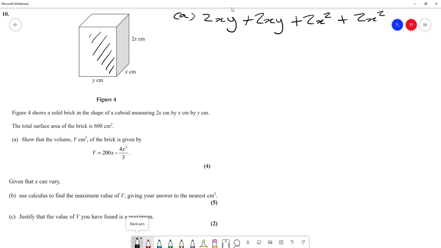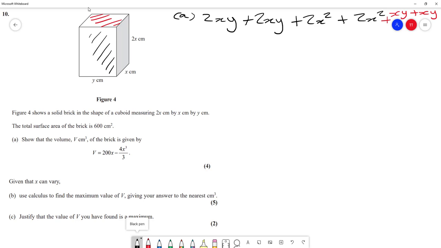And then the top, sometimes you've got to be careful. Sometimes they say that a container has no lid, but in our case it does. So the block has a top. So in our case, it'll be x times y on the top and also x times y on the bottom. So I'm going to write plus xy plus another xy.